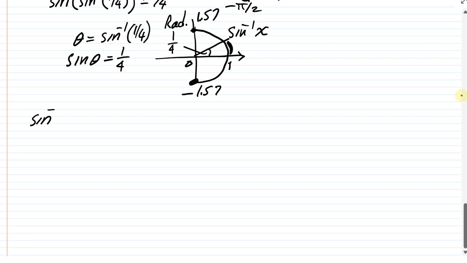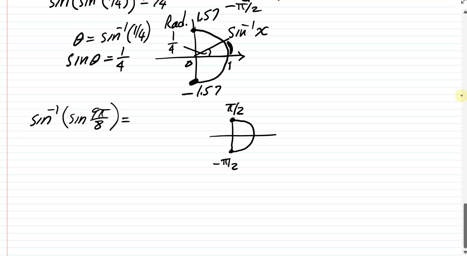Suppose I'm going to do arc sine of sine 9 pi over 8 now. Okay, so question is, will that composition be 9 pi over 8? So if I look at, again, the range of arc sine, the range of inverse, this is only allowed to be from negative pi over 2 to pi over 2, correct?